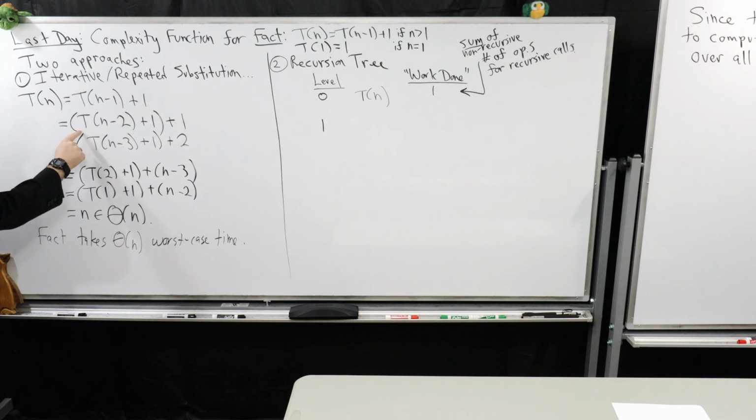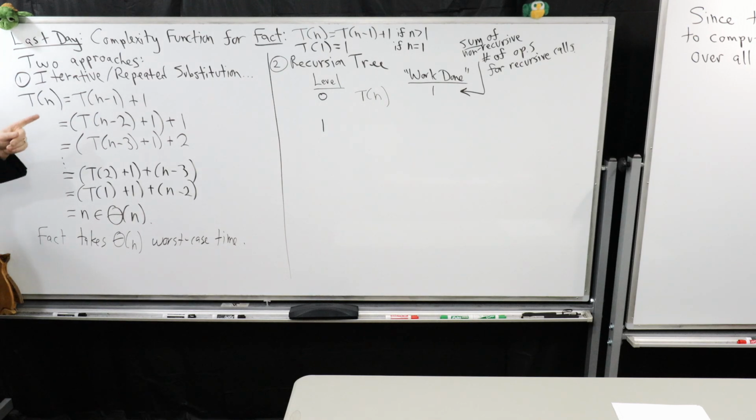So notice that this right here is just T(n-1). So I introduce another 1 here. And I can apply the definition to T(n-2), which is T(n-3) plus 1. And notice that I'm just keeping a counter of how many are separated out as I'm doing this. You're going to see a direct parallel when I do the recursion tree. This is one reason why I'm showing you this: when I work my way down, all I'm doing is substituting in over and over again the definition of the recurrence relation to try to find a pattern.